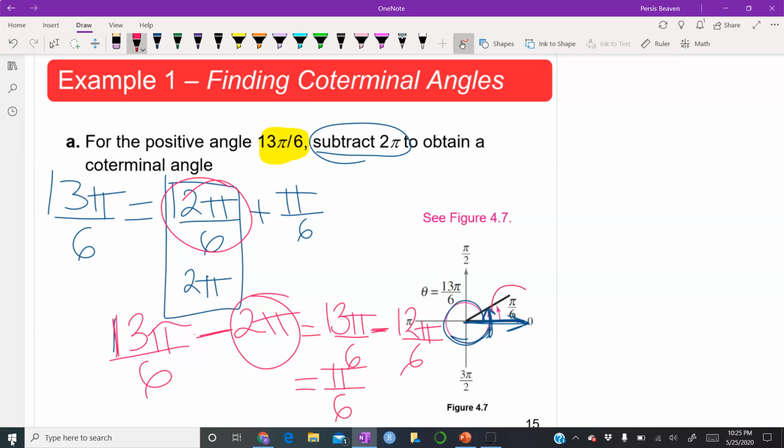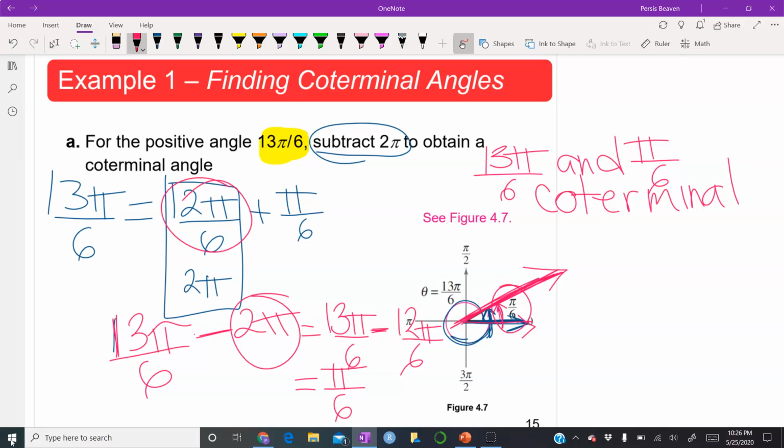And so that is this little angle, again in standard position, starting from the positive x-axis and just going pi over 6 in the same direction. Those two angles, 13 pi over 6 and pi over 6, have the same terminal side, so they are called coterminal.